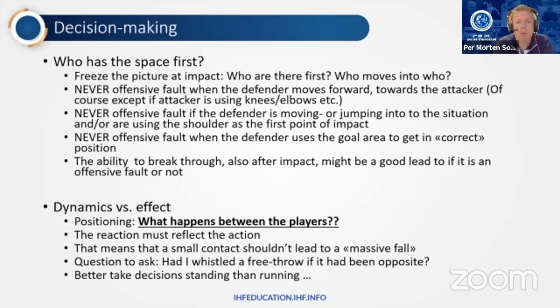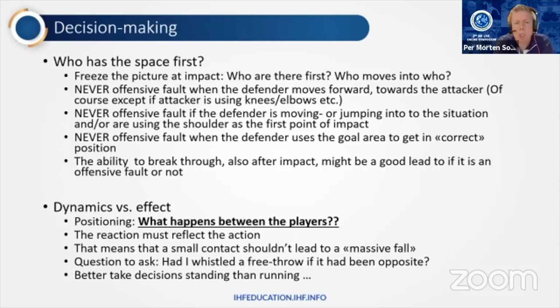We have the north-south of the court. If the defender moves forward towards the attacker, it can never be an offensive fault, except if the attacker comes in with a knee or elbow or something, of course. But this is a special situation.